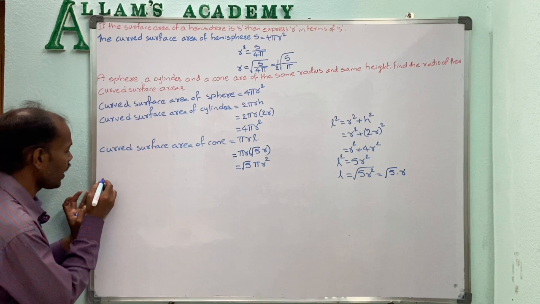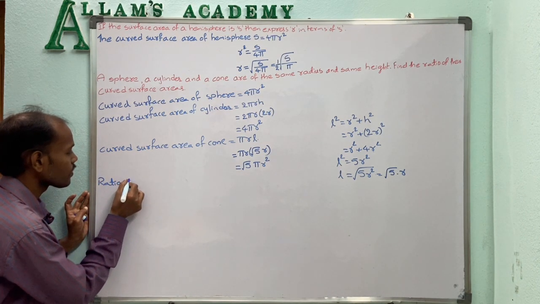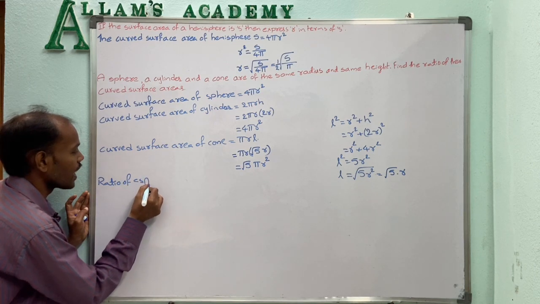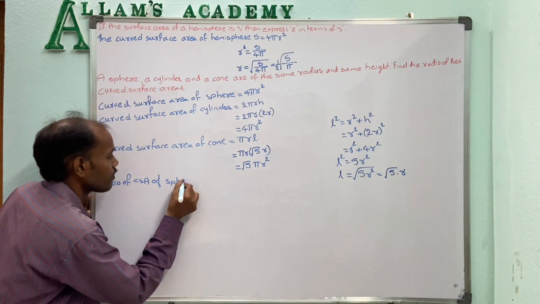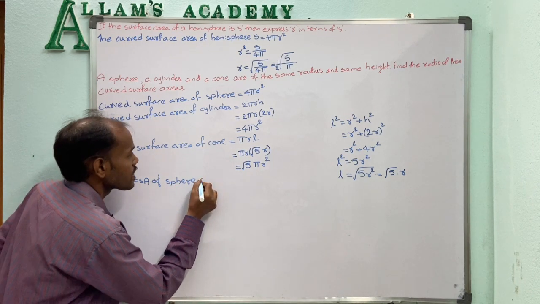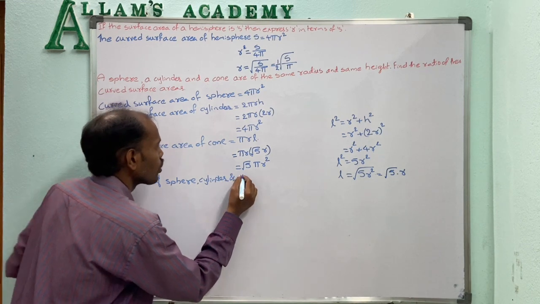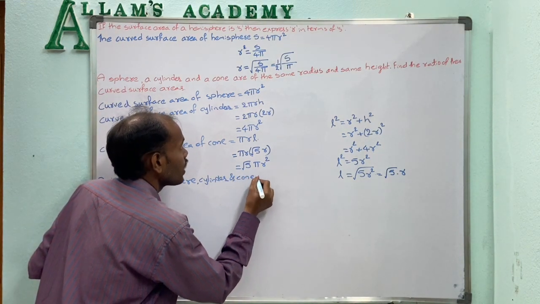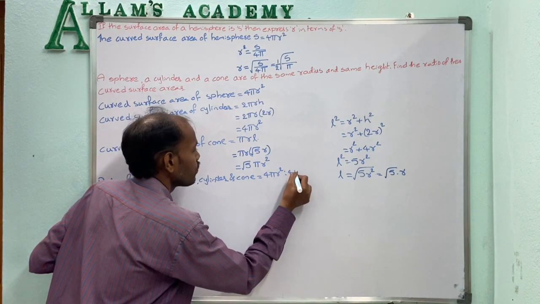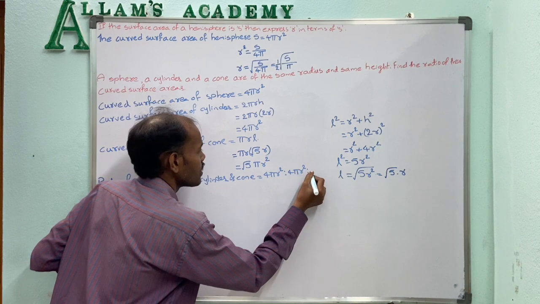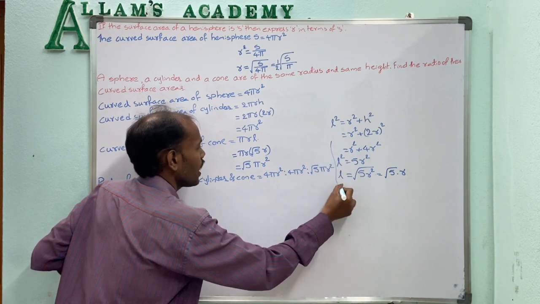Now the ratio finding. So the ratio of the curved surface area of sphere, cylinder and cone equals 4πr² : 4πr² : √5 πr².